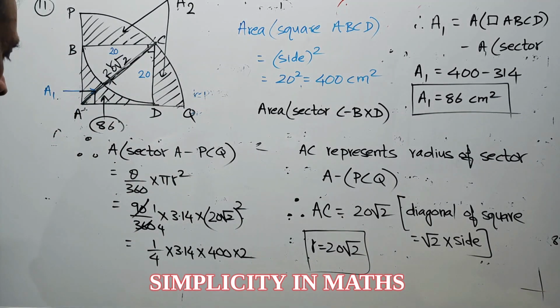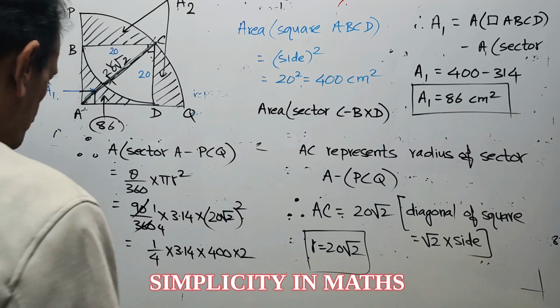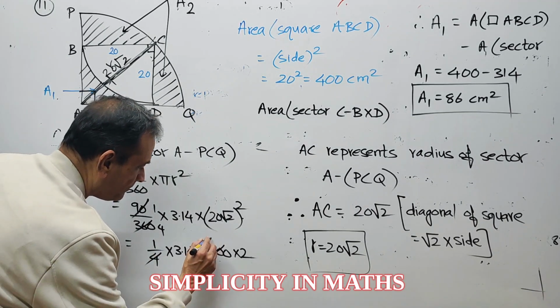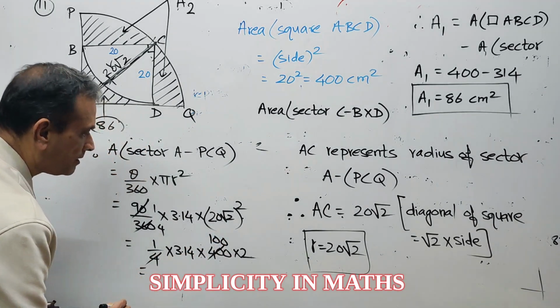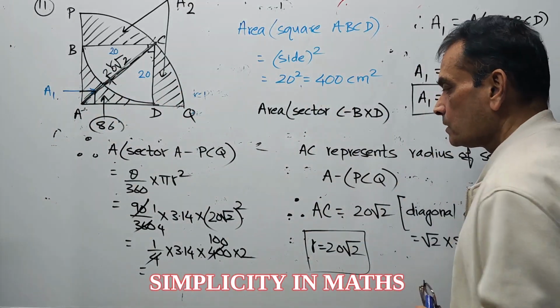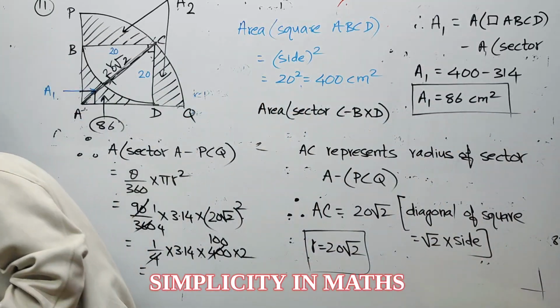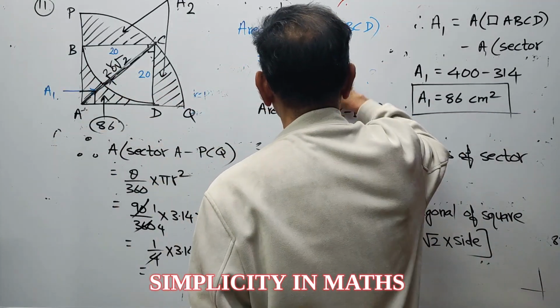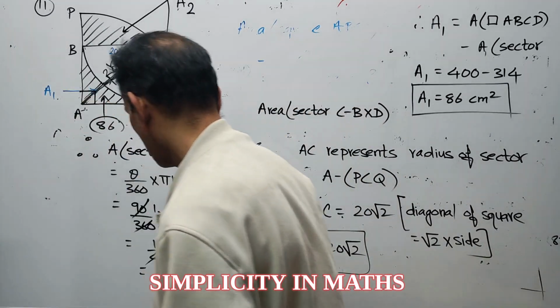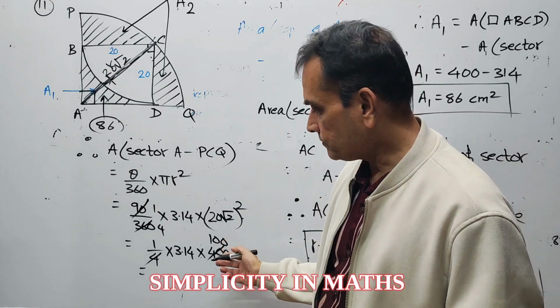ध्यान से देखो, लिख के लो, try to understand. Four into 100, 400. Okay? कैलकुलेट किया है? 3.14 into 100.